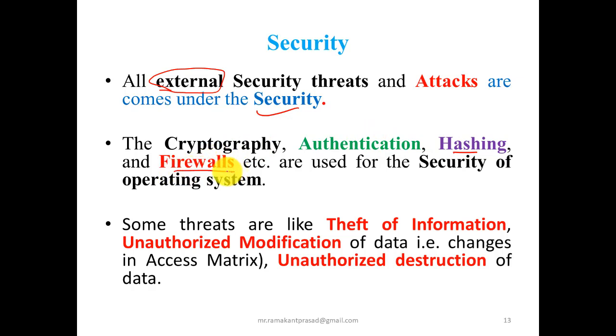And firewalls, we know everyone is familiar with firewalls, are used as a security mechanism in operating systems. Some threats are theft of information, unauthorized modification of the data, and changes in the access matrix, which I've already discussed. Unauthorized destruction is also there, for loss of the data, modification of the data, or alteration of the data.